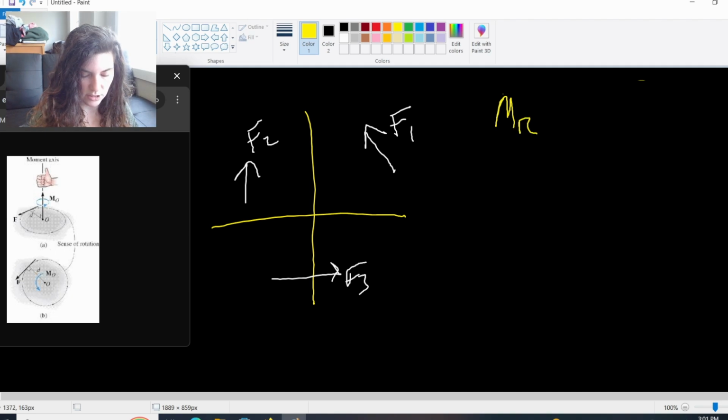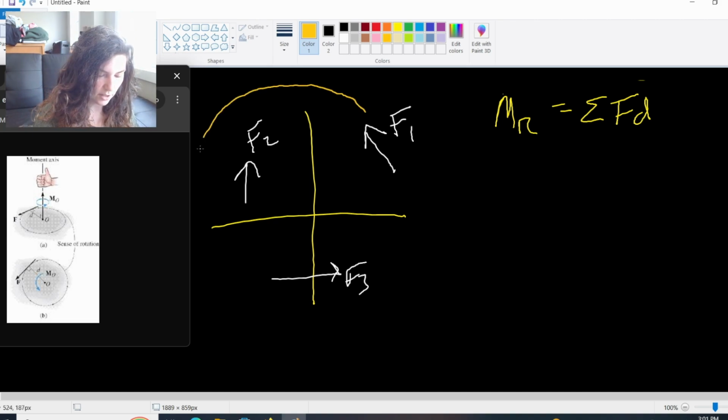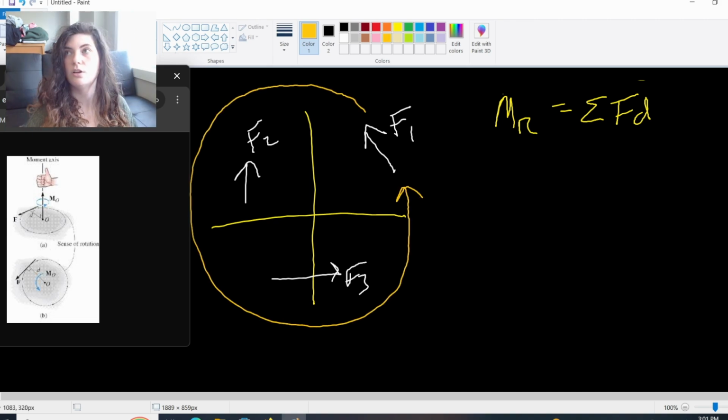Moment resultant is just going to be the sum of your F times D values. So in this case, if we were to use this as an example, our first one, our F1, is going counterclockwise, right? So we're going to assume that that's positive.